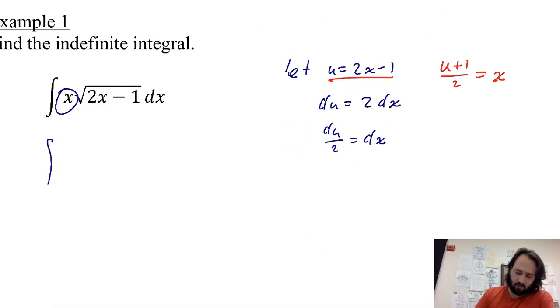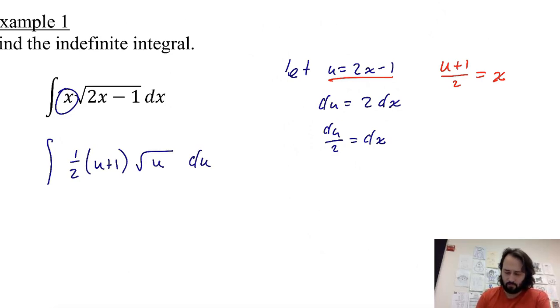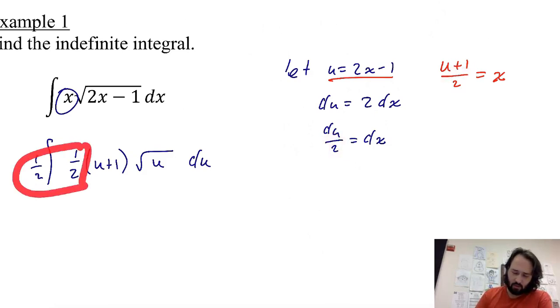So I have 1/2 u plus 1 square root of u du with another 1/2. Right, so I have a 1/2 here and I have a 1/2 here. So these will multiply together to be 1/4 on the outside there.